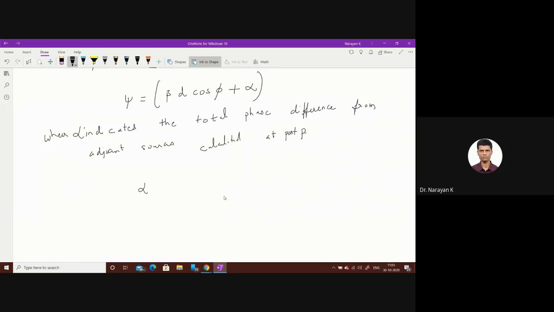Alpha is the progressive phase shift between two... Okay, sorry, this is not alpha.